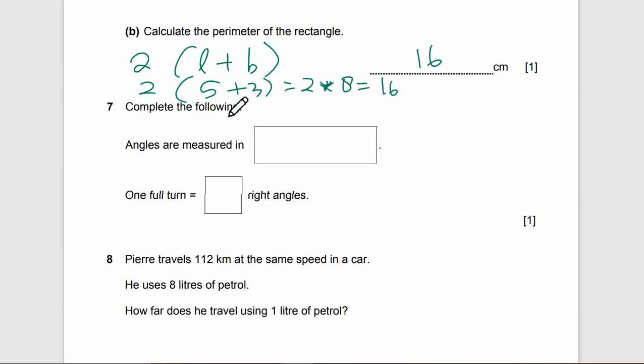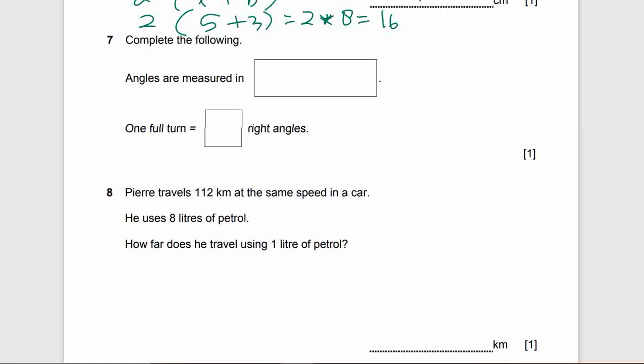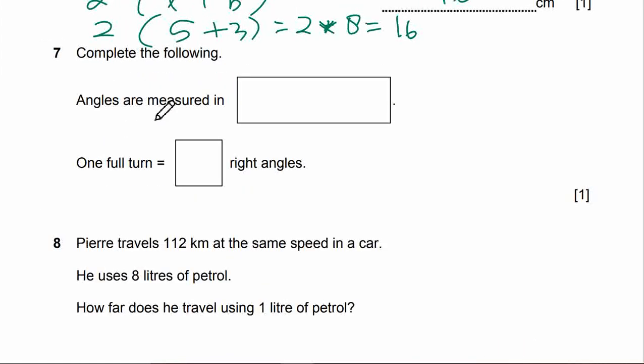Number 7, complete the following. Angles are measured in degrees. One full turn has 4 right angles. See, this is the line, and this is the whole circle.